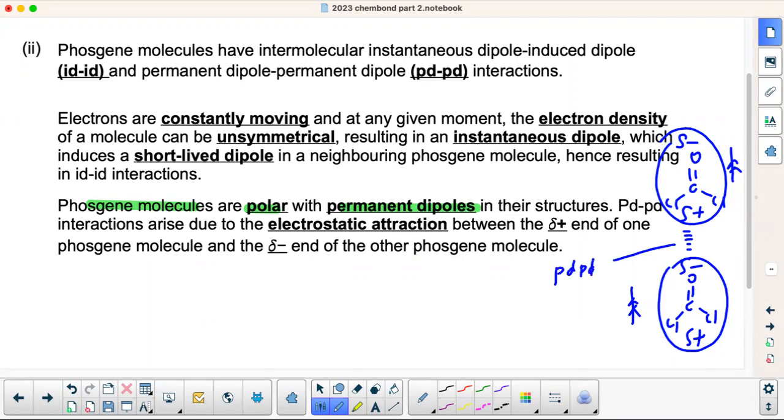Everybody understand? Okay, so this is how you can write how they arise. Don't write the ID, because we did that already. Just make sure you can write all of them. I think this part is quite comprehensive because it goes through every single one already: ID, PD, and H bond.